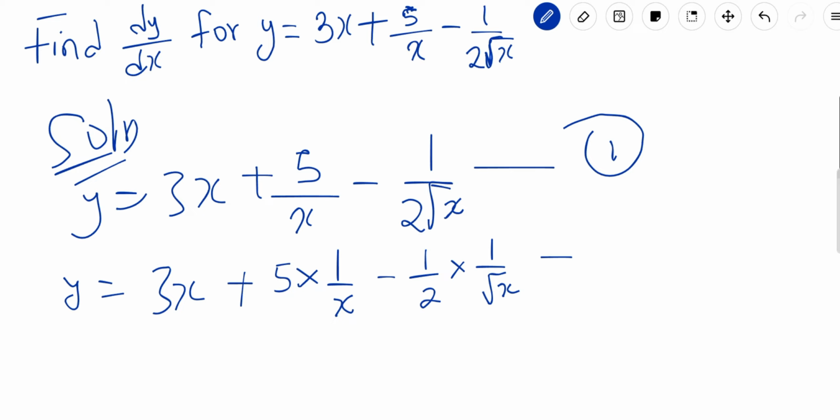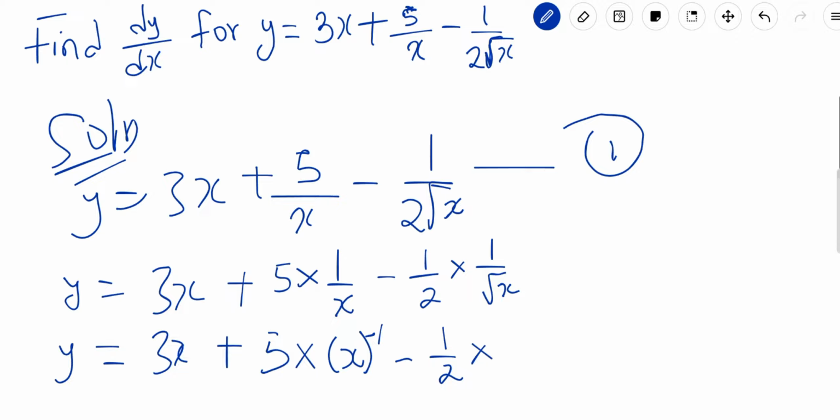So I can call this my equation. This can be transformed to 3x plus 5 multiplied by x to the power of minus 1, minus 1 over 2 multiplied by x to the power of negative 1 over 2, and I can call this equation 2.